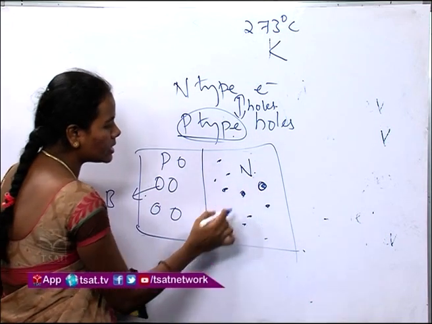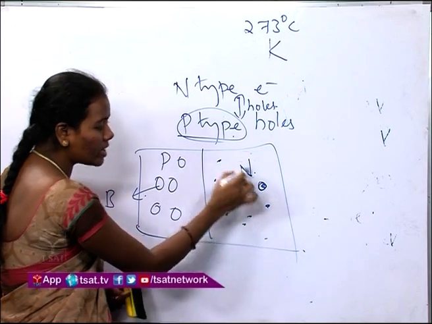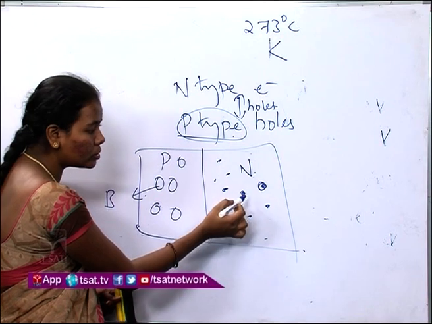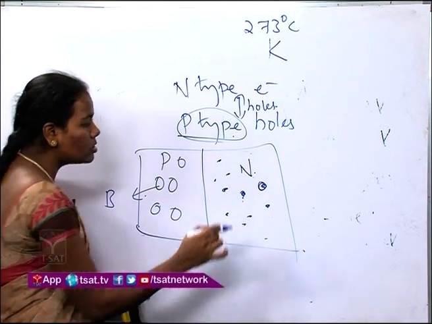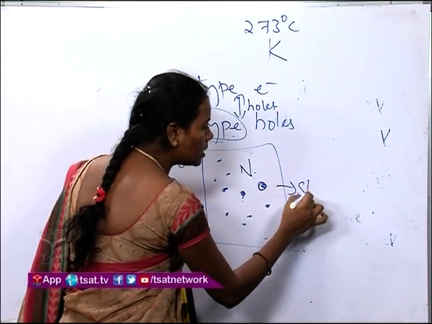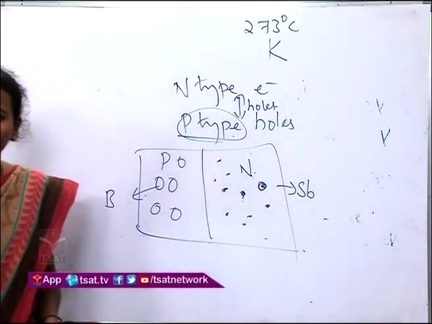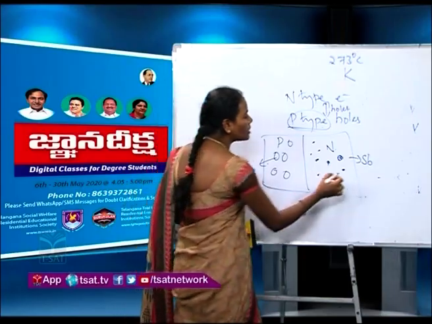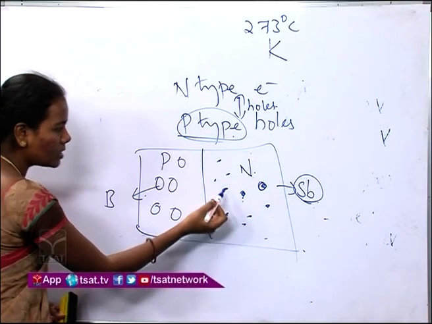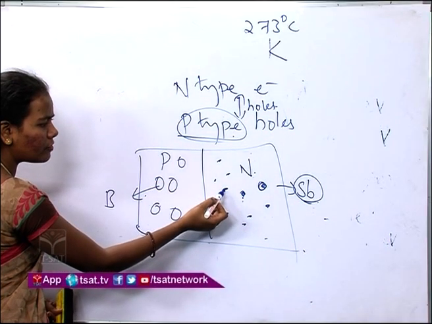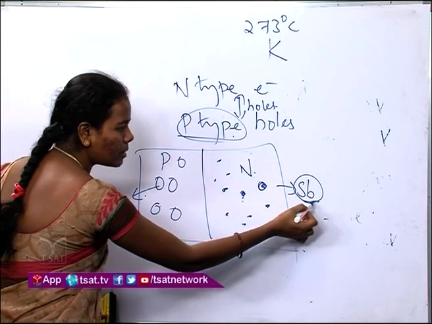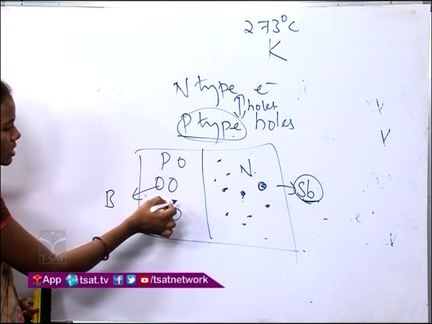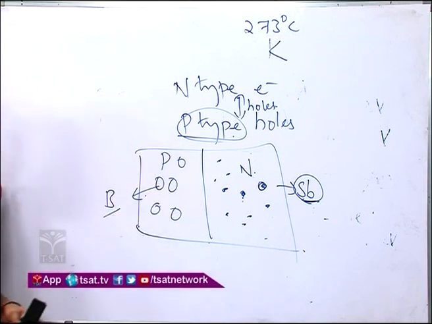On the N side we have extra electrons, free electrons, due to the pentavalent atoms, that is antimony. Antimony is contributing extra electrons to the semiconductor. So wherever a free electron is present, you consider it as a pentavalent impurity, that is Sb, antimony, and wherever a hole is present, you consider it as boron.